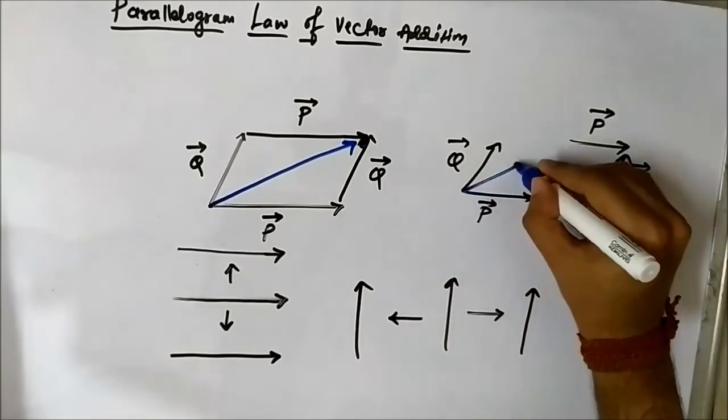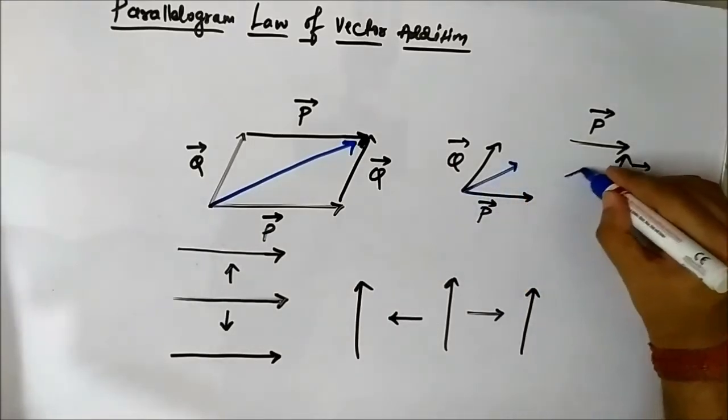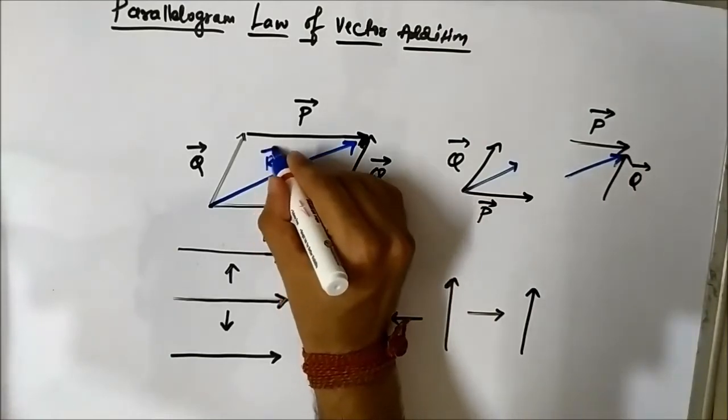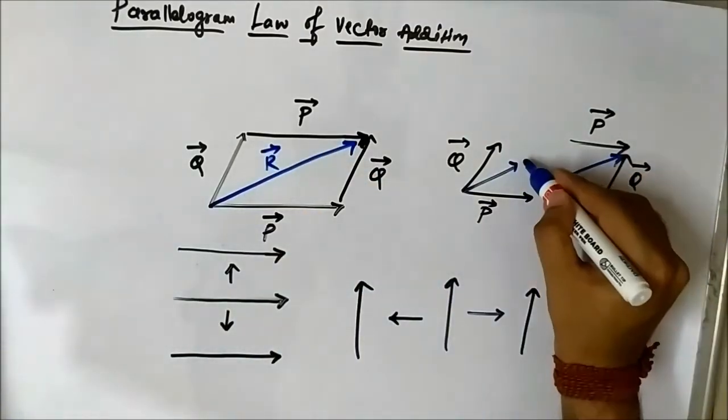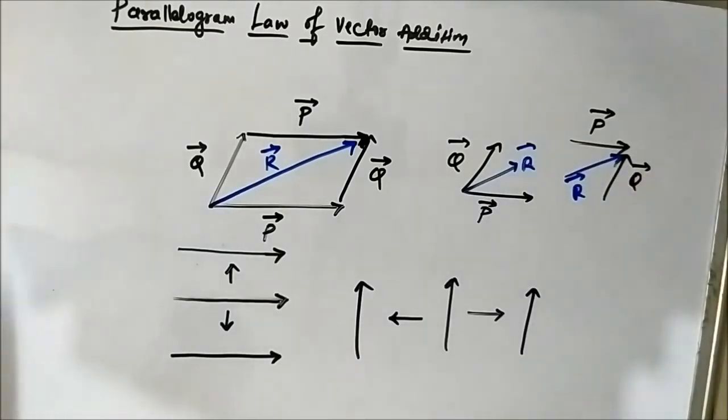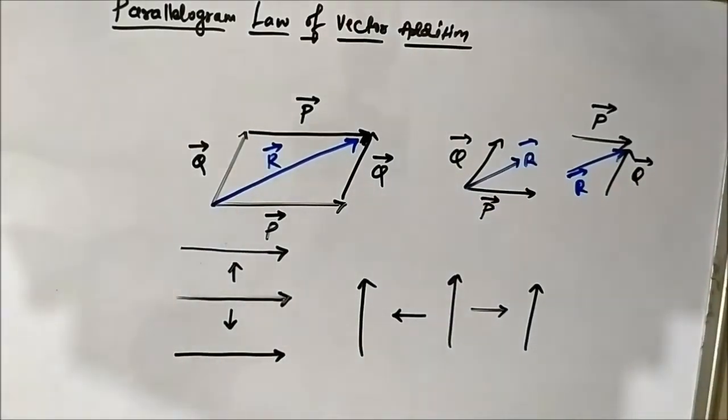Either this or this way, both are the same. This is the resultant vector.